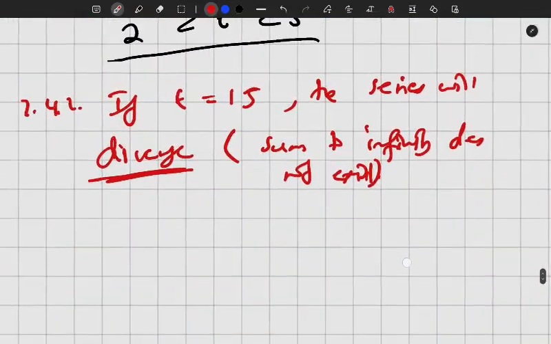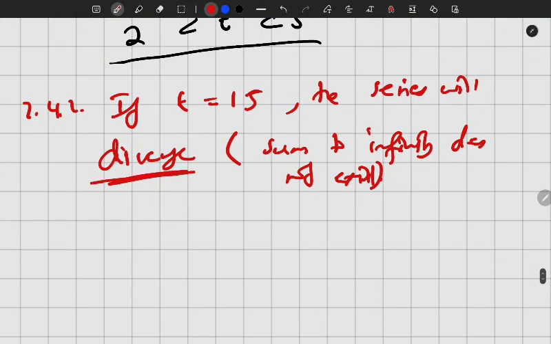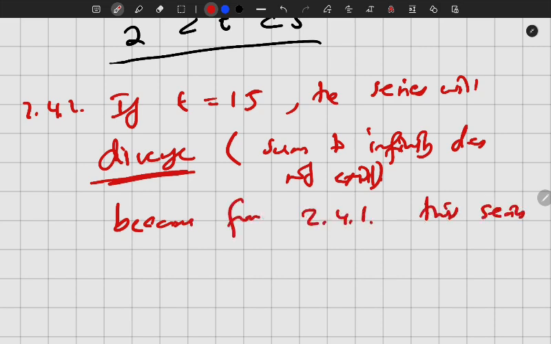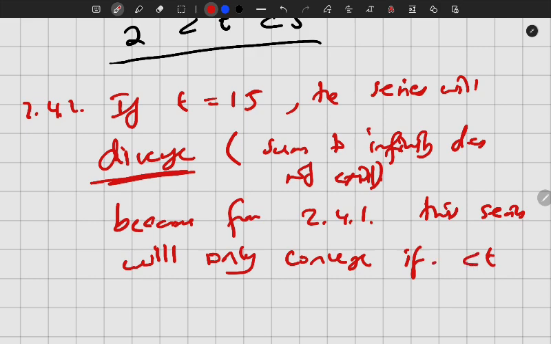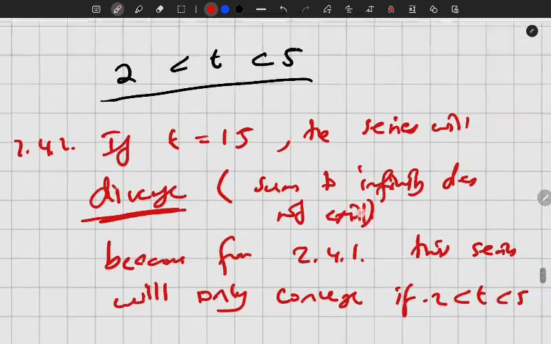That's just free marks. I guess then you have to explain why it will not exist, such that it will diverge. We can even add, because from 2.4.1, this series will only converge if t is between 2 and 5.